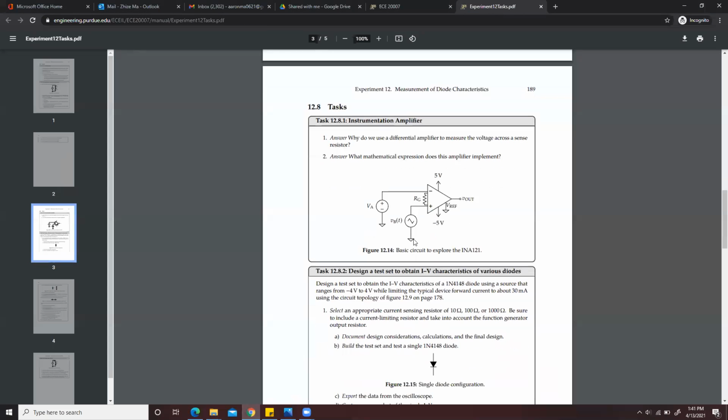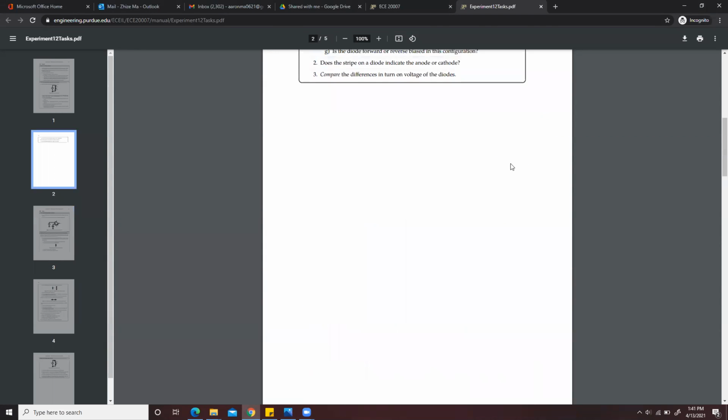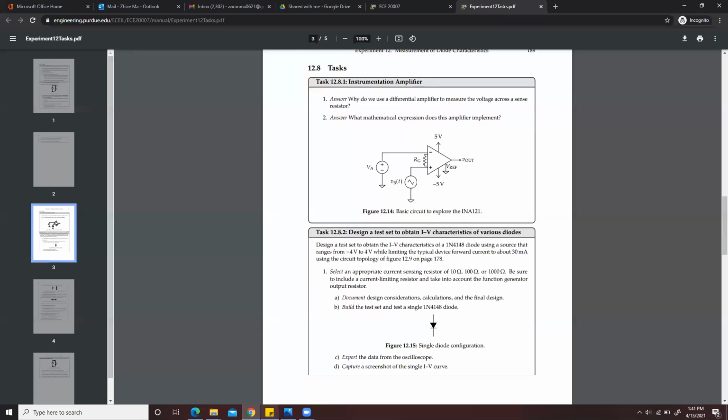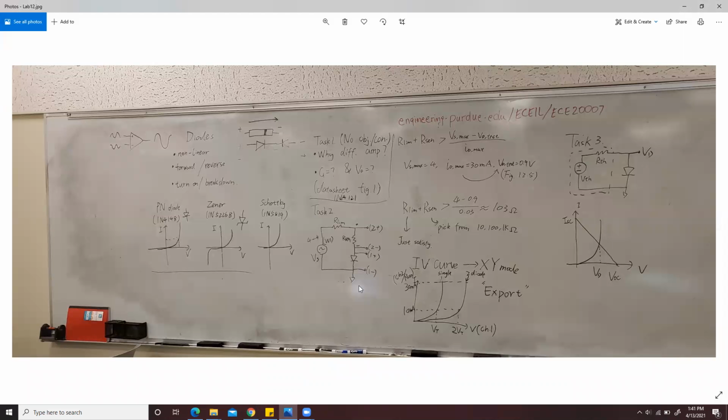The first question is why you are using the differential amp to measure the voltage. If you check the lab manual, the circuit in the lab manual has a differential op amp in here. One function of a differential op amp is that it can transfer a differential signal into a single-ended signal, and the equipment in the lab room, the benchtop oscilloscope, can only read a single-ended signal.